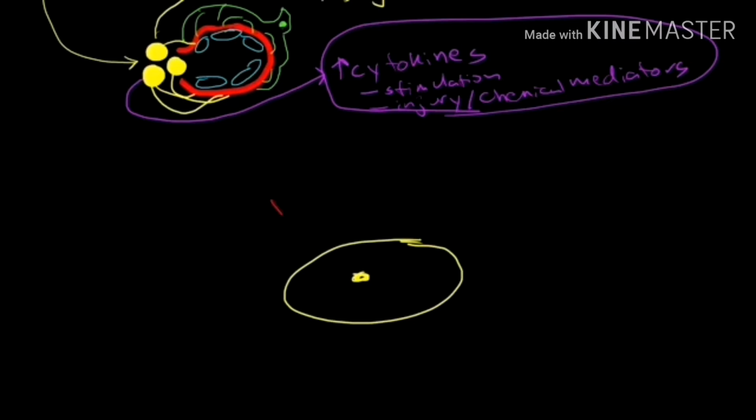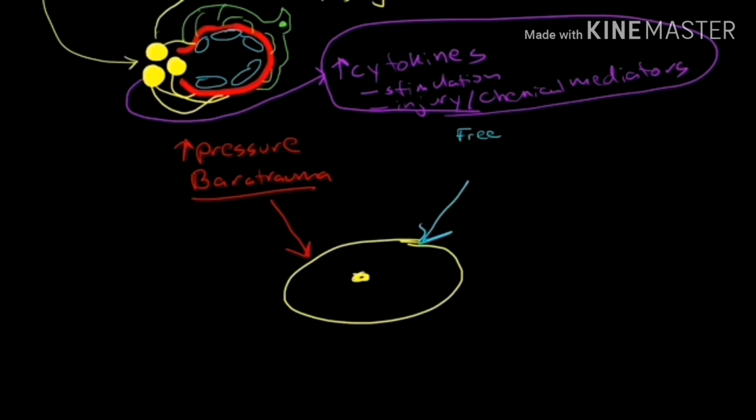One is increased pressure and barotrauma, and the other is injury from the free radicals that are released due to high BGs, high blood glucose.